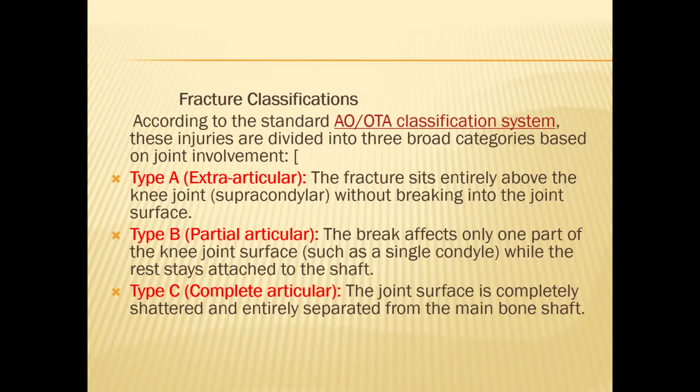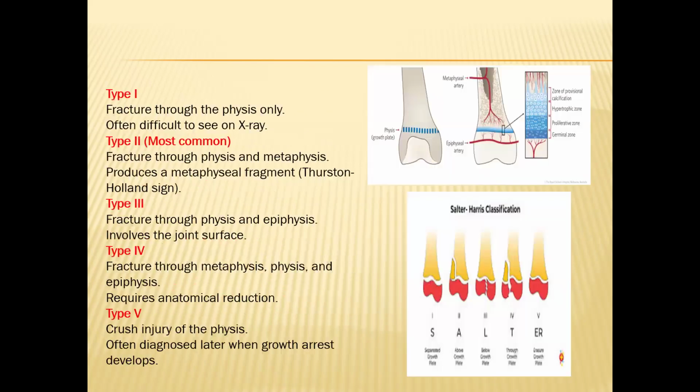Actually, the growth plate is known as the physis. The physis is a transitional area from the metaphysis to the epiphysis. The epiphysis is the most distal part of the bone, which makes the surface with the joint, and the metaphysis is above the physis.